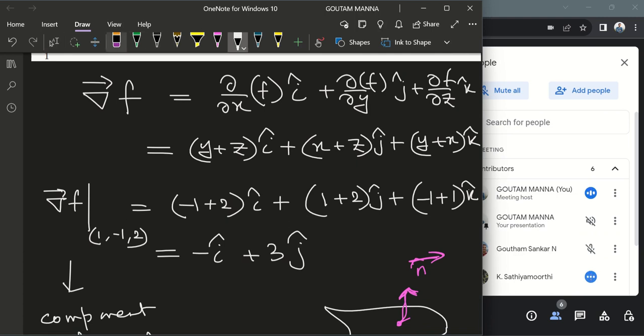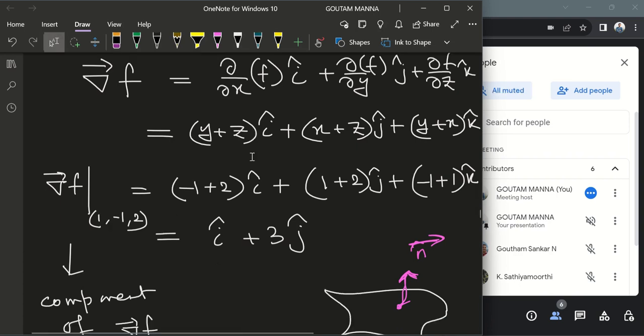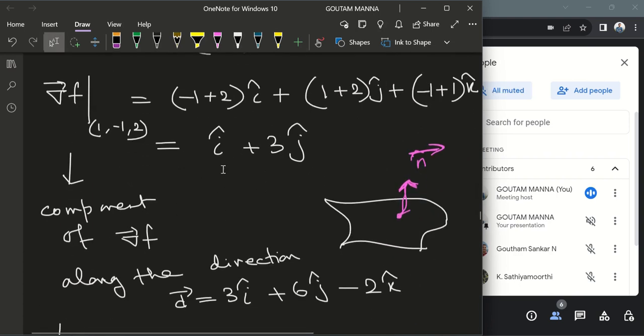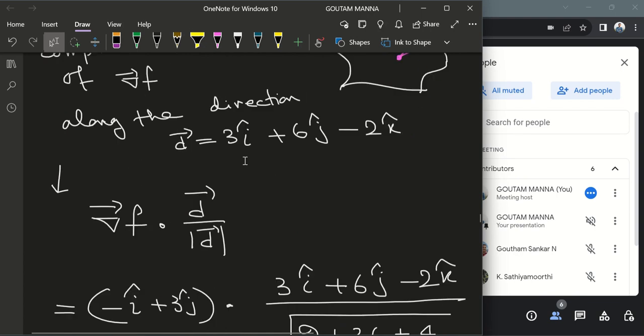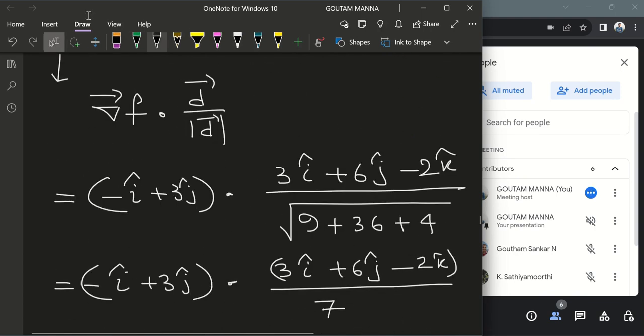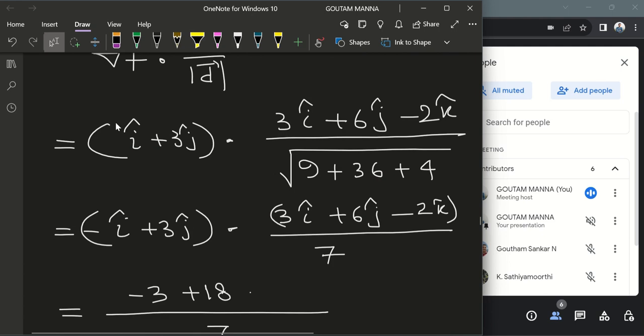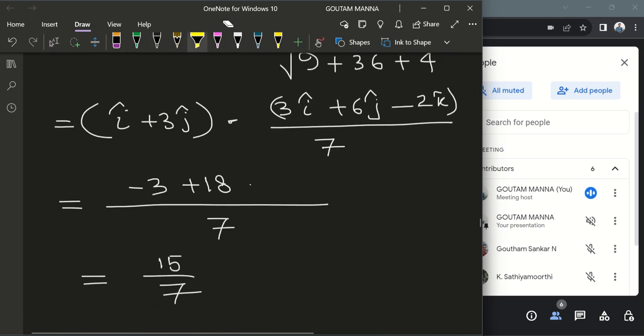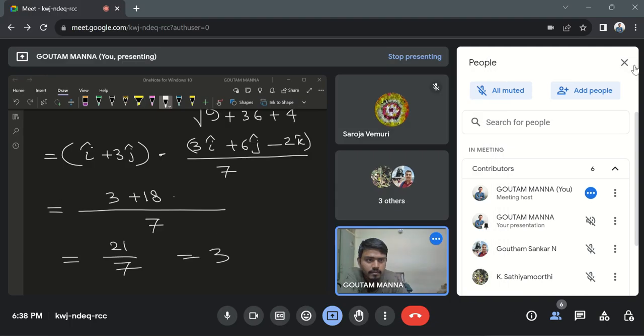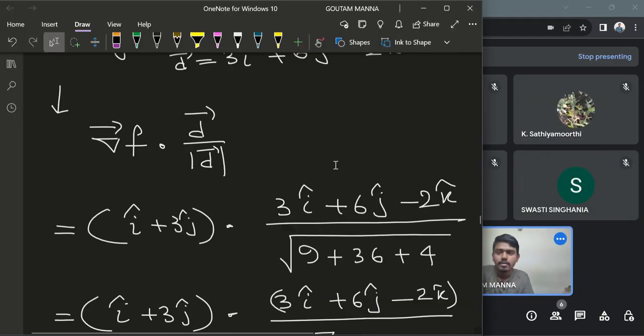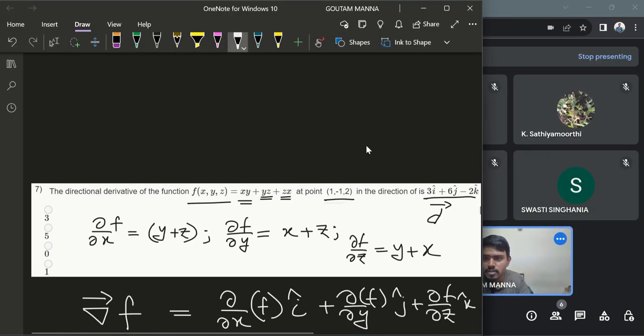Yeah, thanks. So this is minus 1 plus 2 is 1. So this is plus. So it will be 3 plus 18 is 21, so it is 3. Okay, thanks. So the correct option is 3.